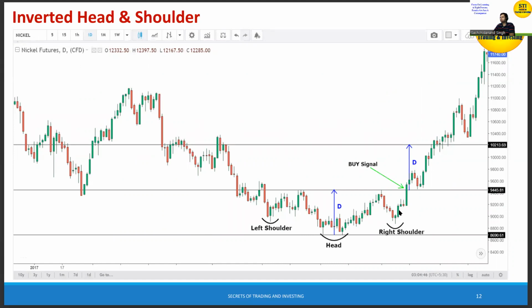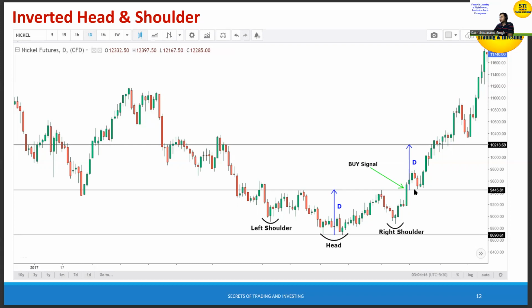In a Sirsasana position, the formation is similar, and the neckline is also the same. If you connect the left shoulder and right shoulder, that will be your neckline. And similarly, from your inverted head to the neckline, that will be your D. And if it breaks out, the breakout is happening because it is moving in an upward direction. So this neckline will work as a resistance.